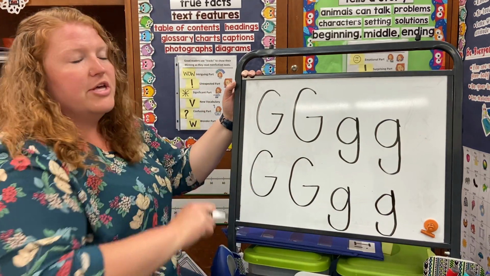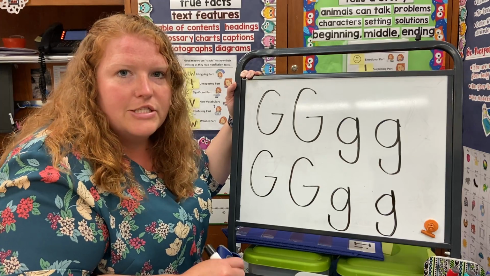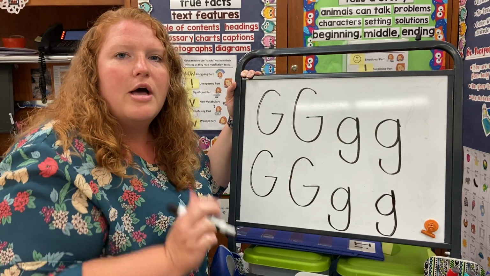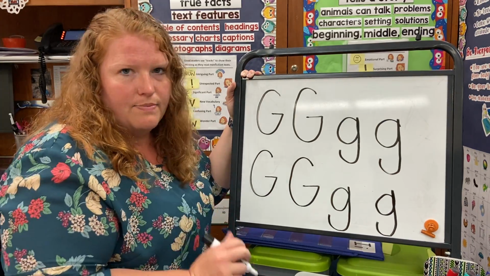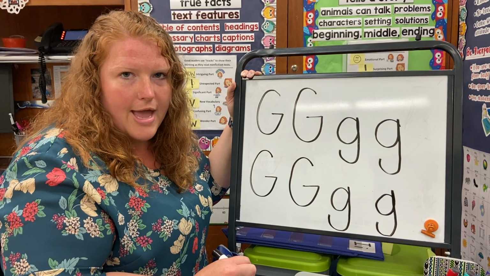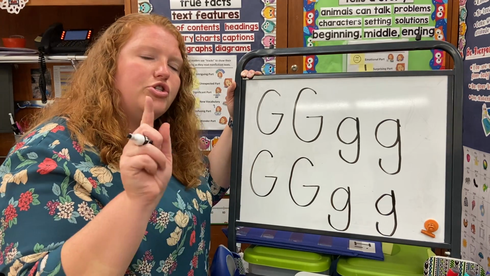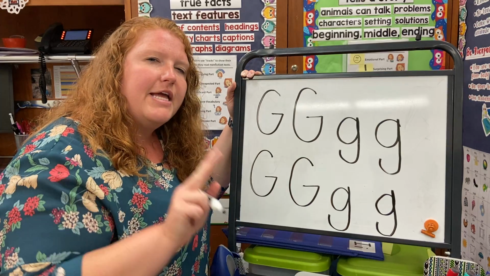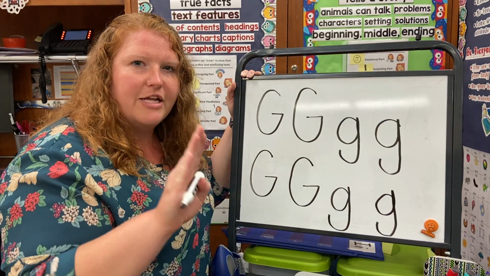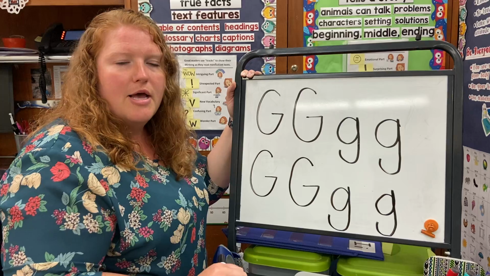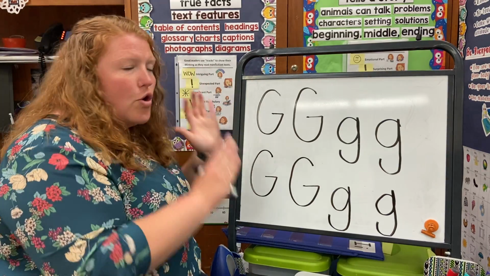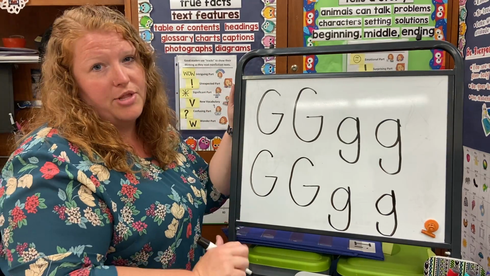Now, the letter G says "g," like you're giving something to someone. It also says "j," like you're being gentle with someone, like a gentle giant. But today we're going to focus on the main sound that G makes.